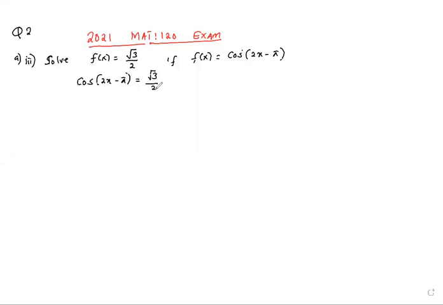You let theta take the position of 2x minus pi, and now you have cos theta is equal to root 3 over 2, and then find theta.